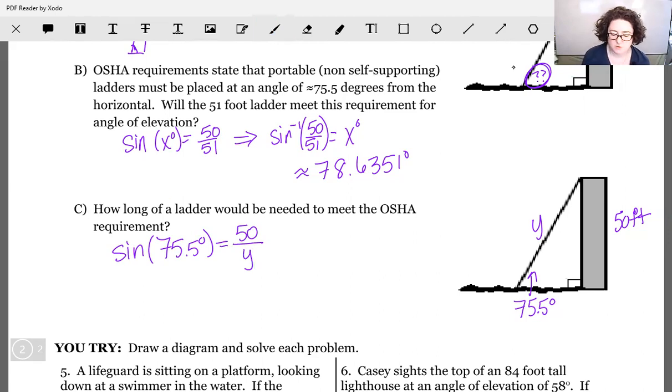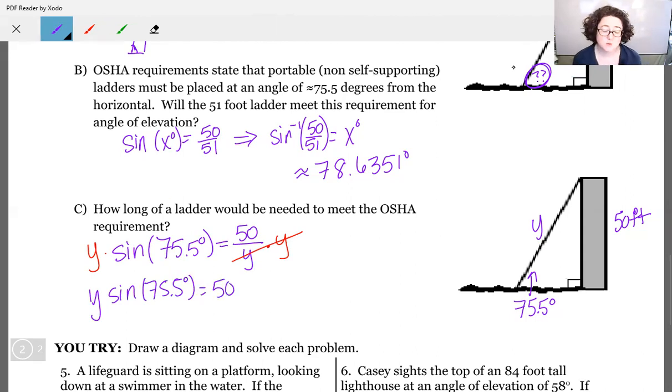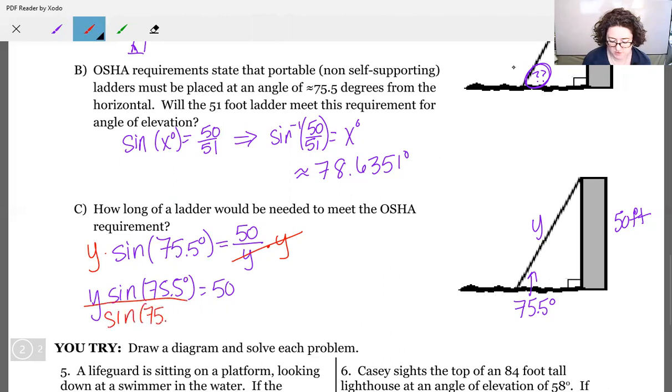So we need to get the y by itself. Again, we always start by clearing our fraction. So y sine 75.5 degrees equals 50. We still need to get the y by itself. So we're going to divide both sides by sine of 75.5 degrees.